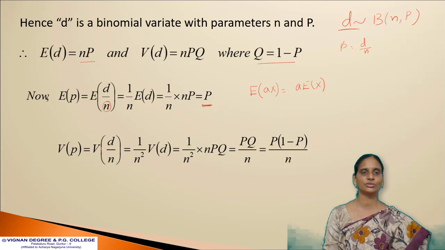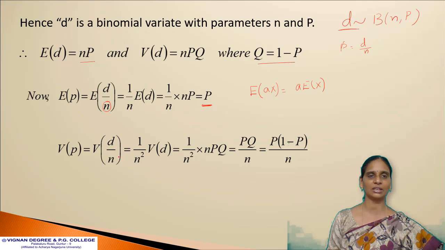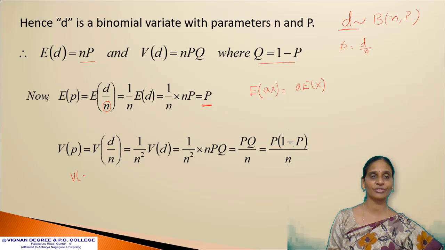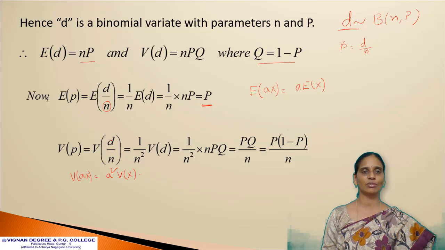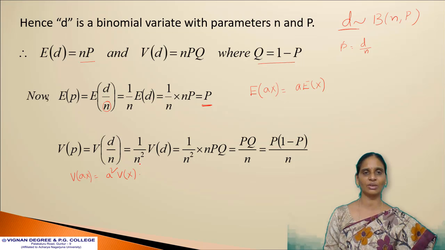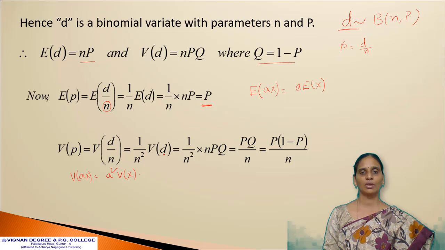Now the variance of p: we substitute p equal to D by n, so variance of D by n. Again we use the variance property, that variance of AX is equal to A squared into variance of X. Based on this, variance of D by n can be written as 1 by n squared into variance of D. Substituting the variance of D, that is NPQ, divided by n squared, we get PQ divided by n.